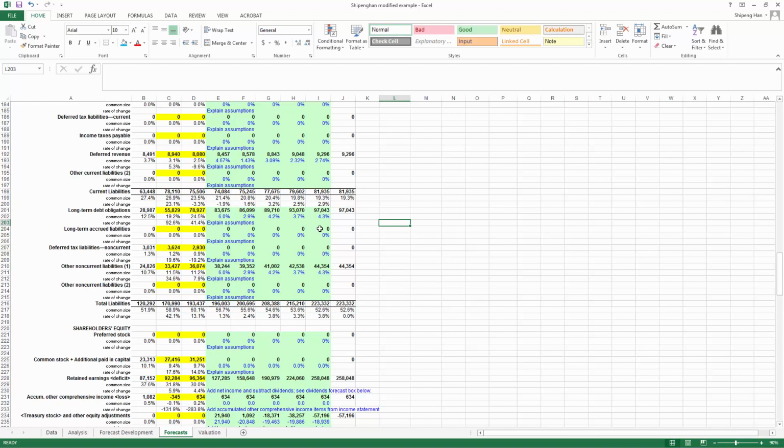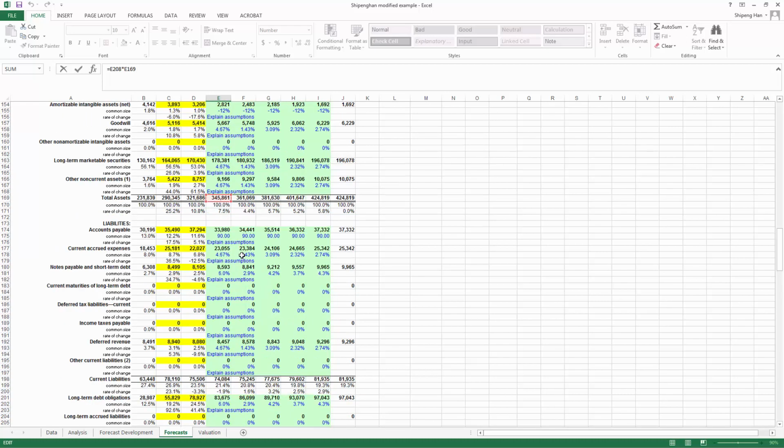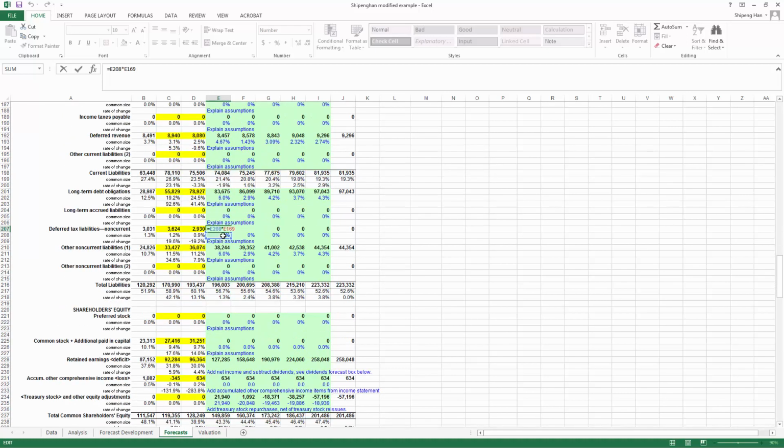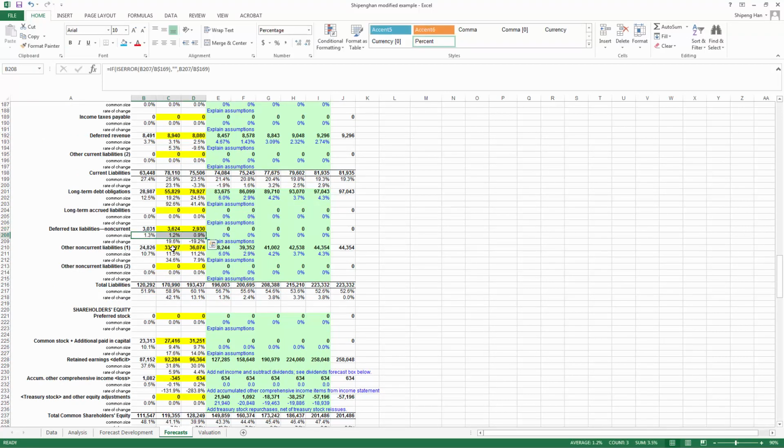Deferred tax liabilities. On this one, we use common size analysis. If you click this cell, it indicates it is a function of E169, which is actually total assets. So it's a percentage of total assets. We need to rely on the percentage here, which is about 1%, so I simply enter 1%.